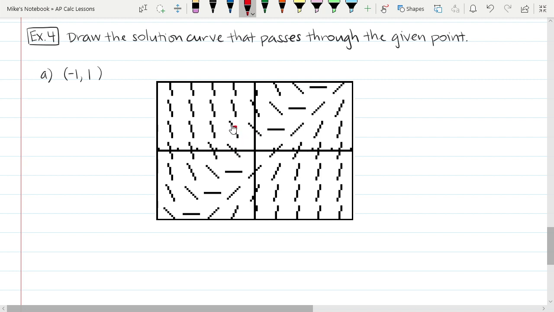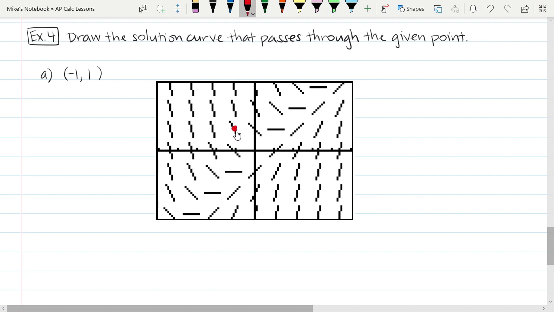Now notice this segment is pointing me downward this way, so I'm going to start by going this way. But now notice, as soon as I get to this diagonal there, you'll notice that now the slope is pointing slightly flatter at a -1 slope. So my curve needs to start going a little bit flatter that way.